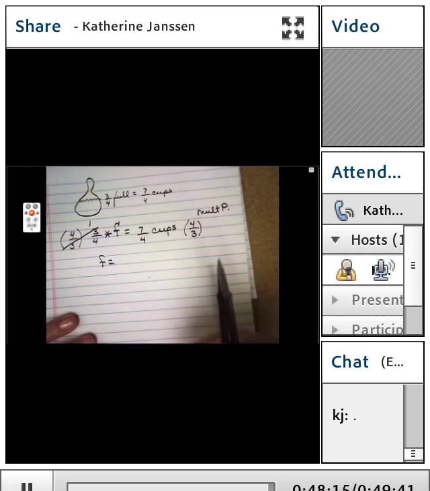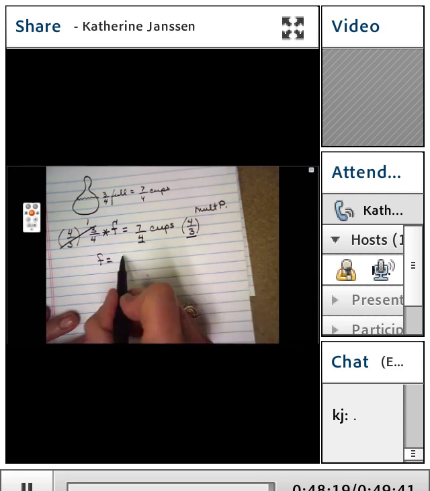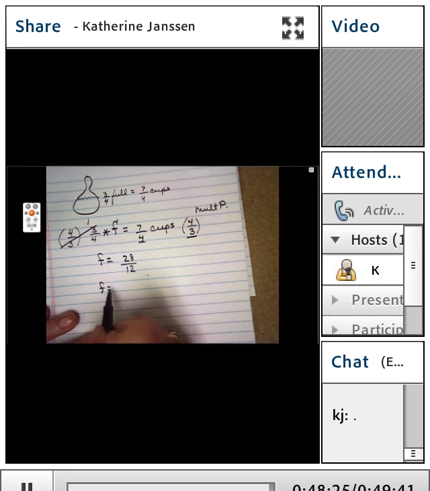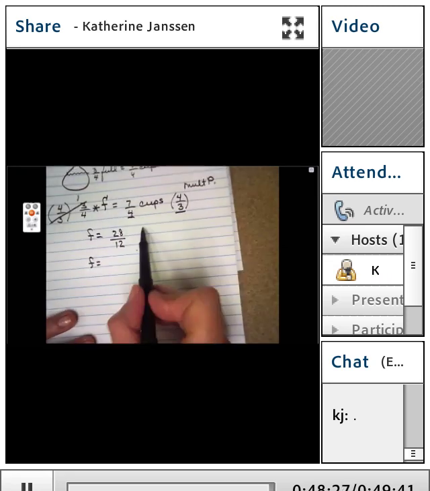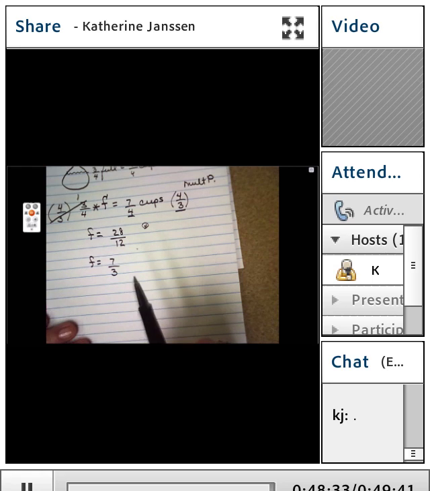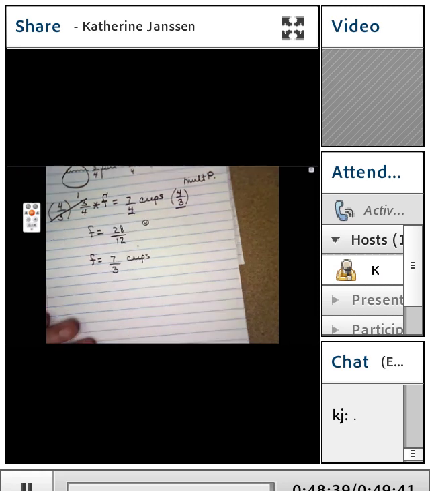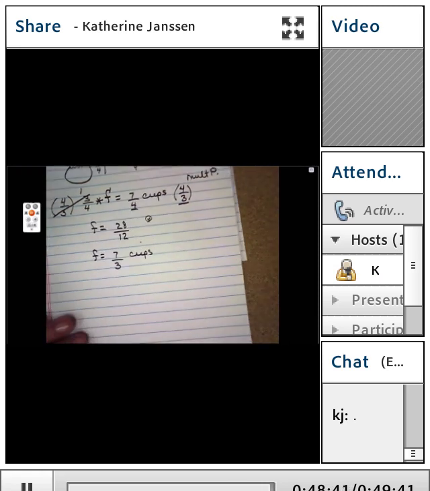On this side we have 7/4 times 4/3. 7 times 4 is 28, and 4 times 3 is 12. 4 goes into 28 7 times, and 4 goes into 12 3 times. So when our vase is full, there will be 7/3 cups in the vase.